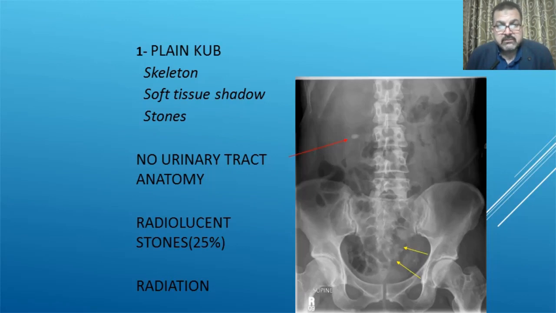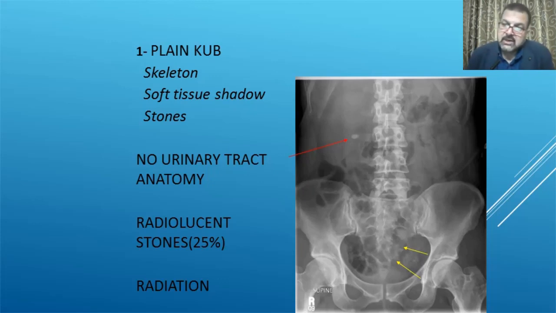An example of a plain KUB X-ray. KUB X-ray is very good in that it can show the skeleton, soft tissue shadow, and sometimes stones.